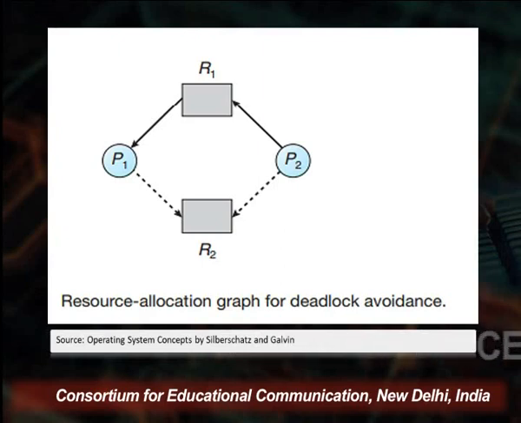So for P1 to R2, for example, if I assign R2 to P1, there will be an edge from R2 to P1, and if I assign R2 to P2 as well, then there is also going to be an assignment edge from R2 to P2. What does it mean?